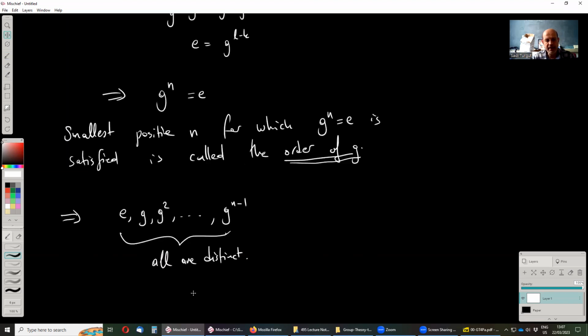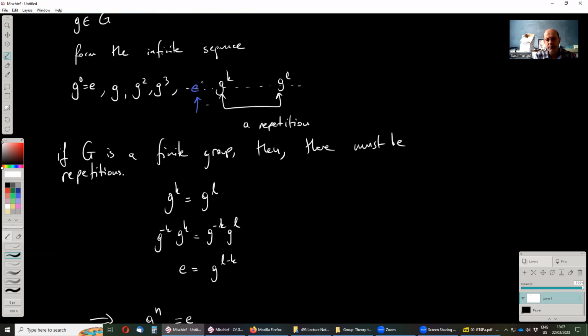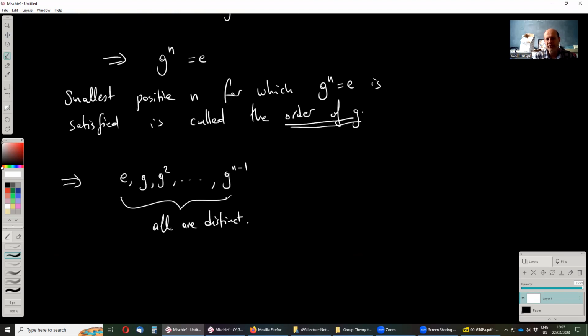Okay, so in that case, this sequence is basically a periodic sequence, right? If I continue this power in here, the nth power is going to give me the identity, the n plus 1st power is going to give me G, and so on, up to G to the n minus 1, and then the 2nth power is going to give me identity, and so on, right?